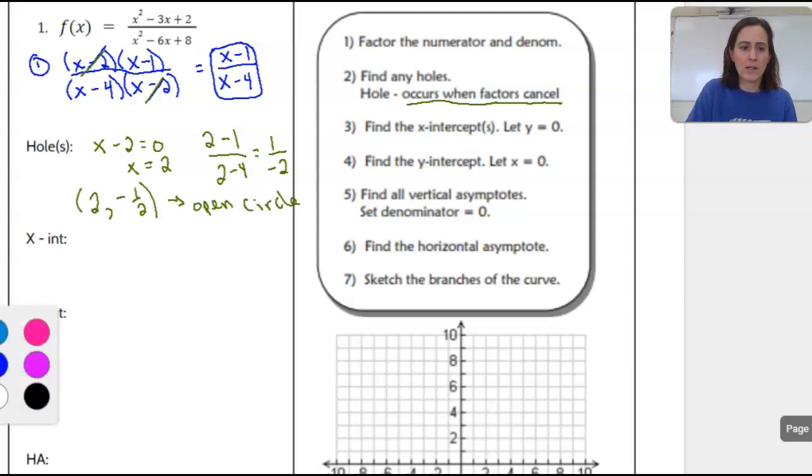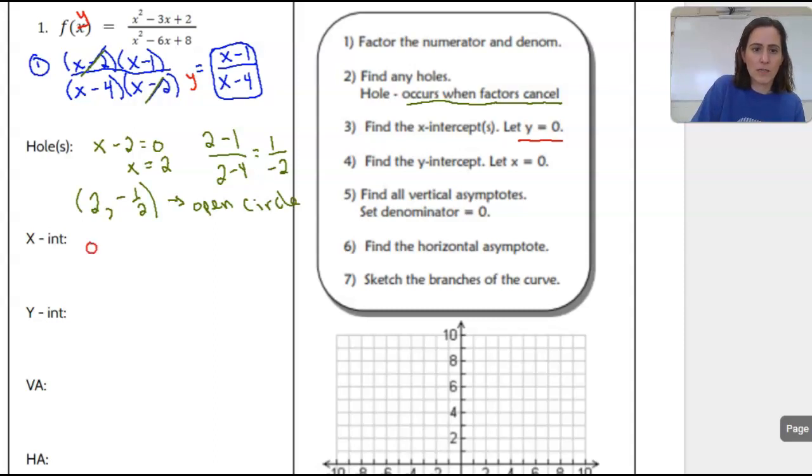Now we're going to take a look at how to find the x-intercept. We set y equal to 0. Remember that f of x is the same thing as y. So we have y equals x minus 1 divided by x minus 4. So 0 is equal to x minus 1 divided by x minus 4.